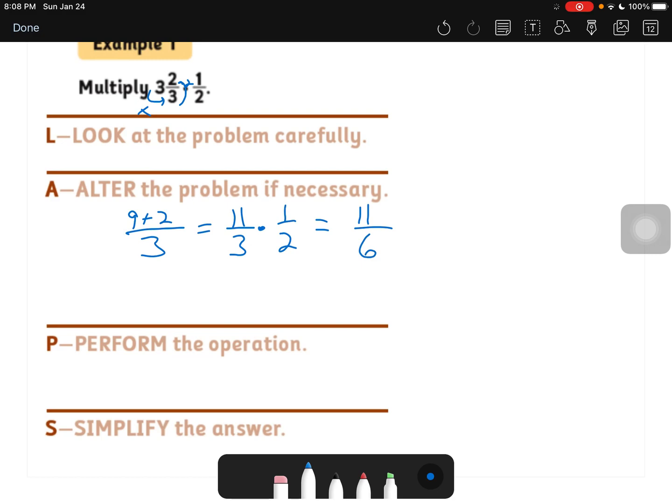Okay, so we perform the operation there, and then simplifying it, if we want to change it back into a mixed number, 6 goes into 11 just the one time, and we have a remainder of 5, so it's 1 5/6. Okay.